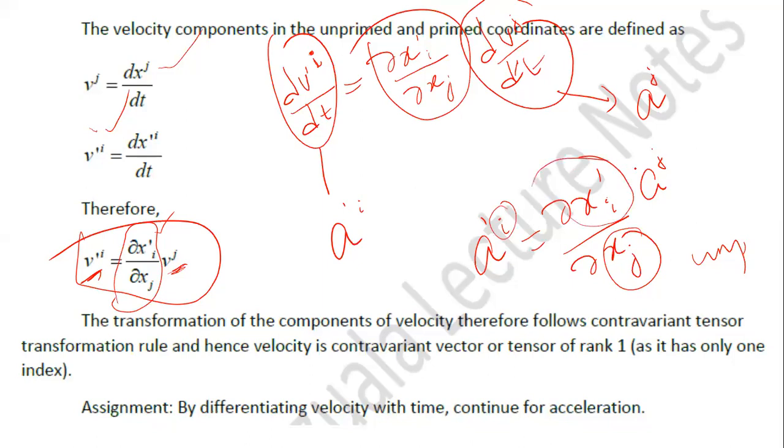So in these direction cosines or partial derivatives, the prime coordinate variable is still in the numerator and unprimed is in the denominator. So that means it still follows what is called the transformation rule for a contravariant tensor.